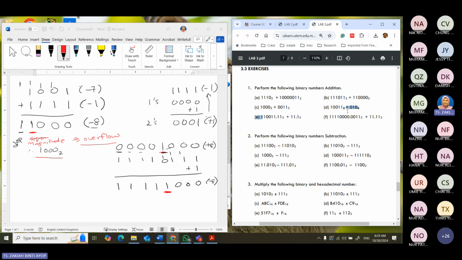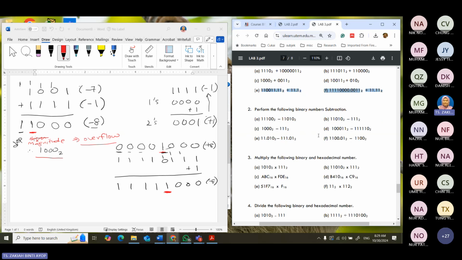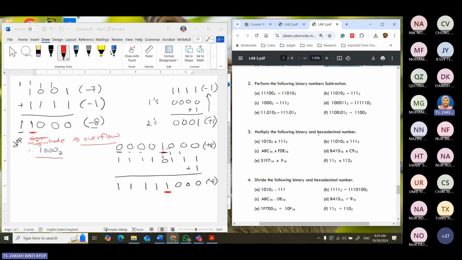Okay, I would like you to do these fraction numbers as your exercise. Please expect that it will be much bigger numbers if you are using fraction numbers. So you can do that exercise later on, but only for this lab session you can do all these questions. Okay, and then perform the subtraction.